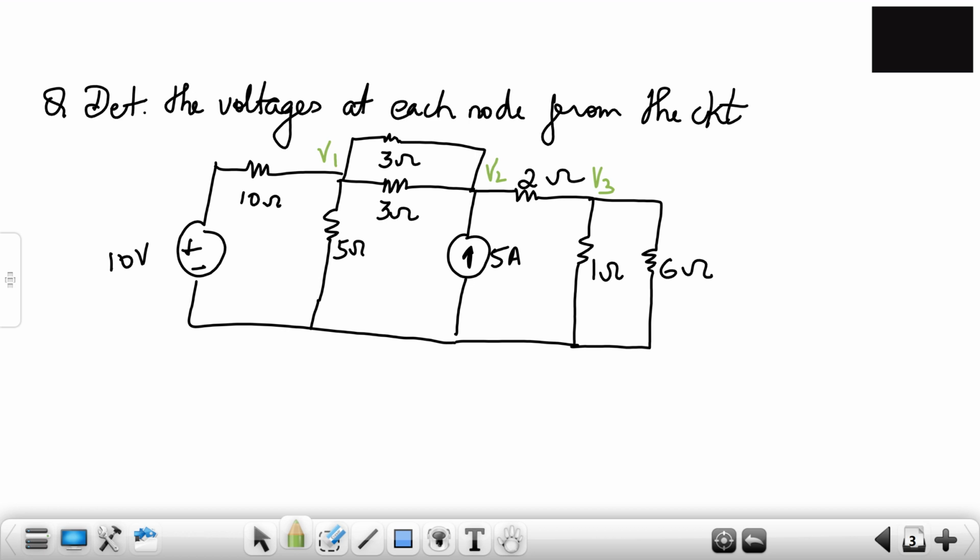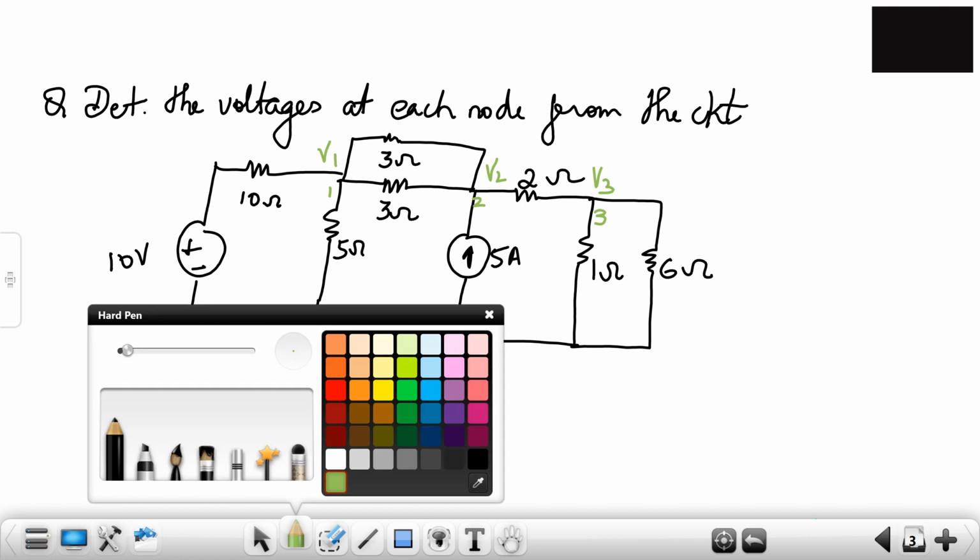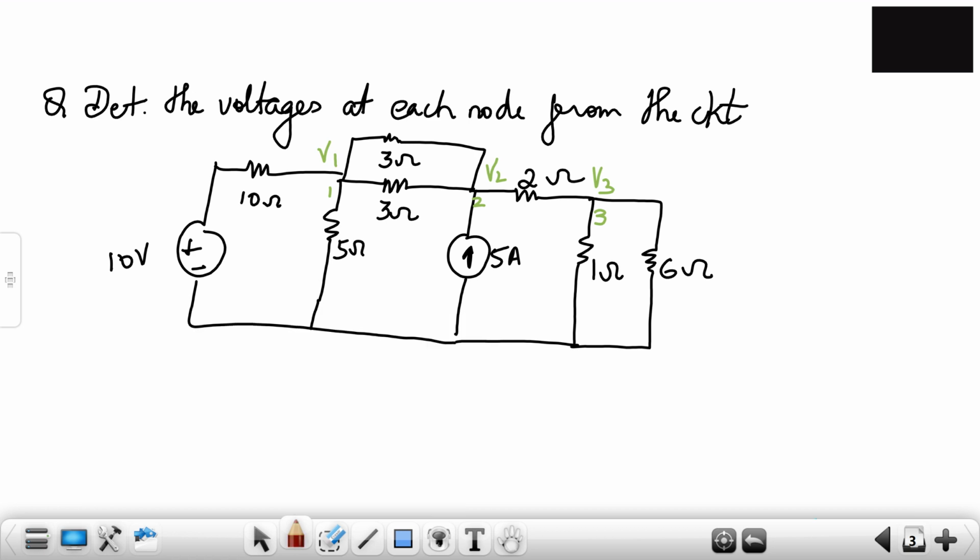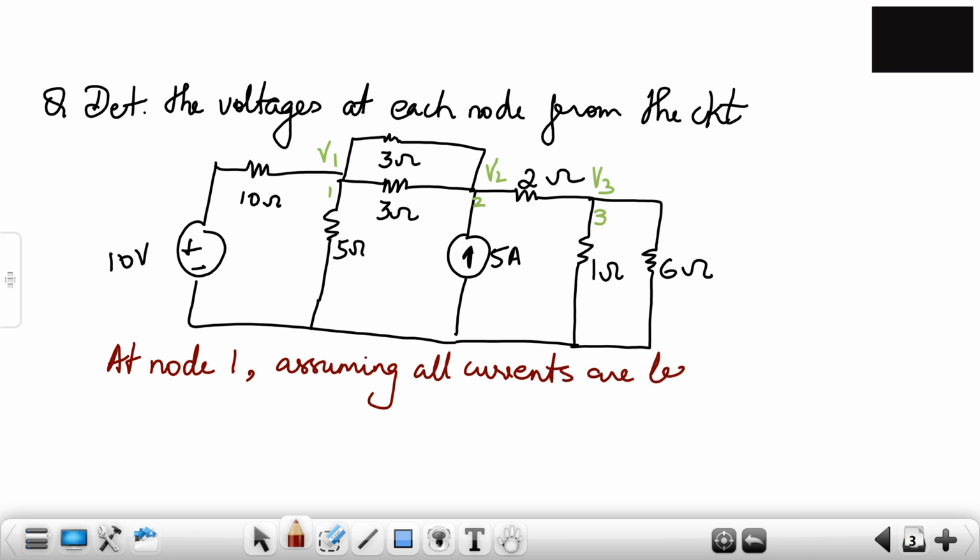So there are 3 nodes: node 1, node 2 and node 3. Okay, let's start with node 1. At node 1, let's find the KCL. At node 1, we are assuming that all currents are leaving.